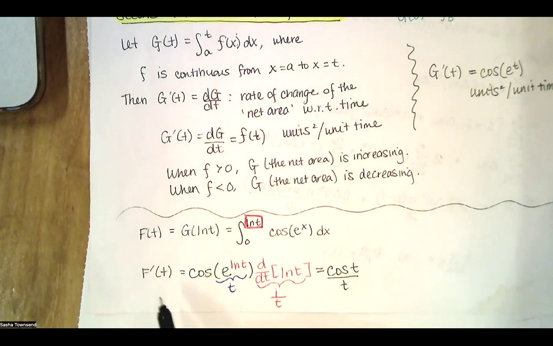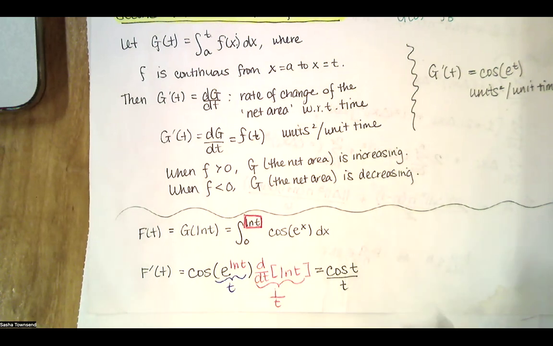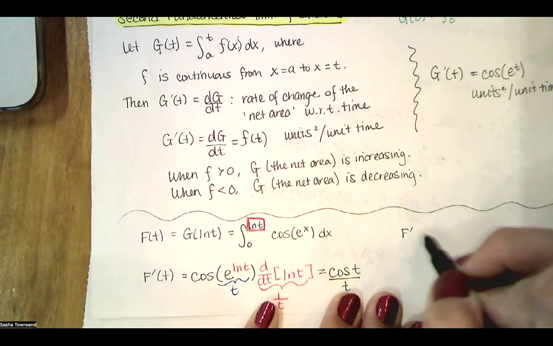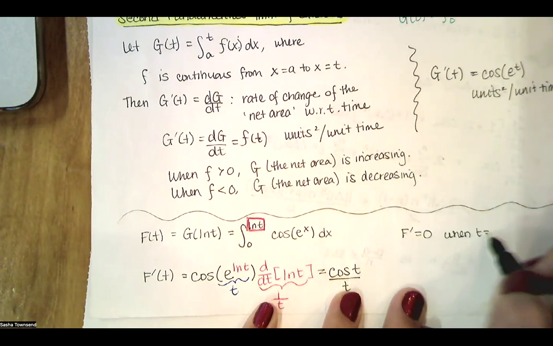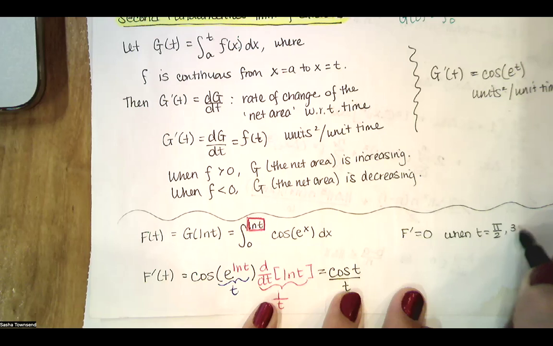So f prime is going to equal 0 every time cosine is 0. So f prime equals 0 when t equals pi over 2, 3 pi over 2, 5 pi over 2, and so on.